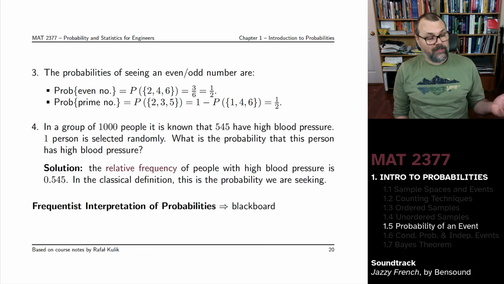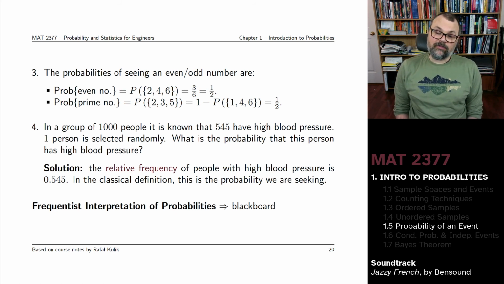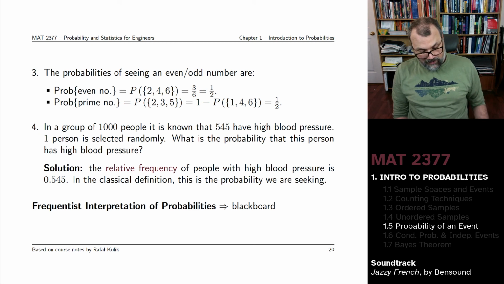Or the probability that the number of dots that you would see would be prime. There's 3 outcomes that correspond to that event. You roll a 2, a 3, or a 5. And that would be the same thing as the probability of not seeing a prime, which is to say of seeing a composite number. Now, it's an accident that it's the same thing.